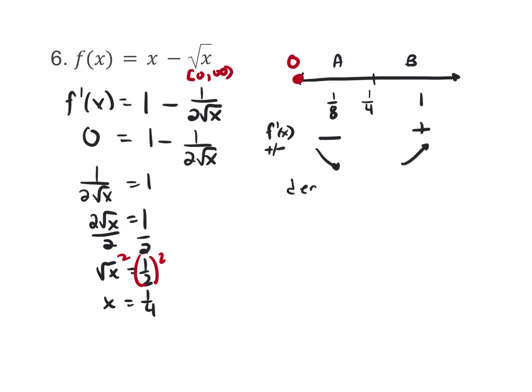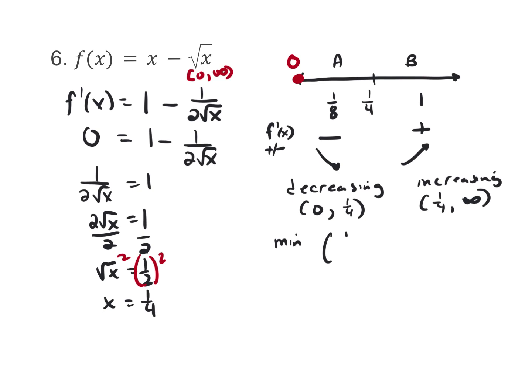So we're decreasing from 0 to 1/4, and we're increasing from 1/4 to infinity. So that's going to mean there is a min, no max, because it's going down then up. So the min is at 1/4. And I'll plug this one in.